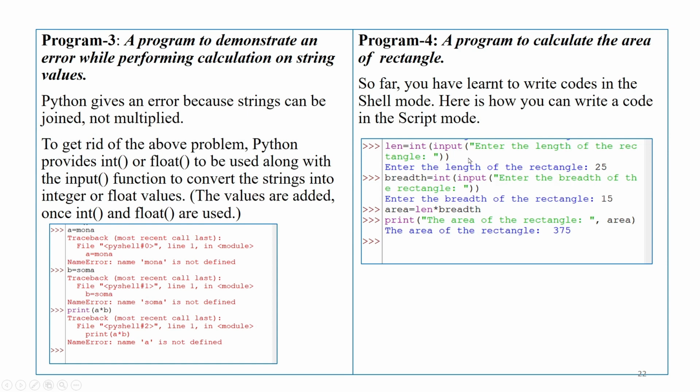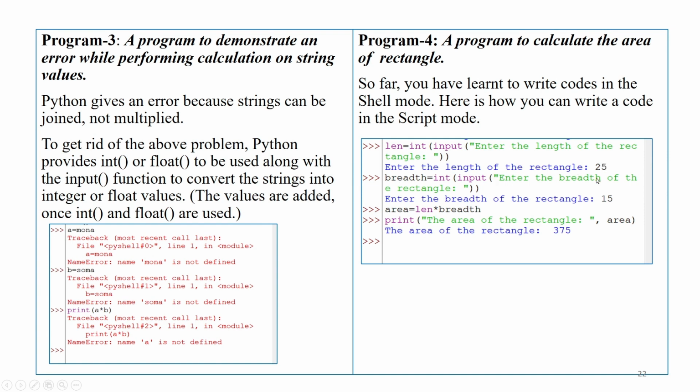I will input some value here, and that value will be converted into integer, and then it will go into the len variable. So after this it gives me enter the length of the rectangle, which I have given 25. Now the breadth, integer input breadth of the rectangle, and I have taken 15.